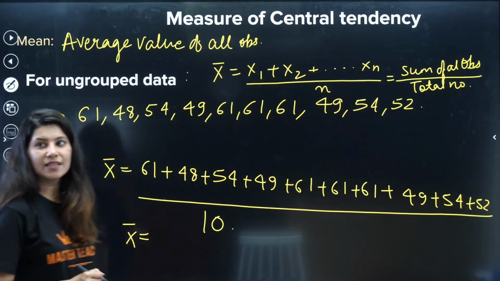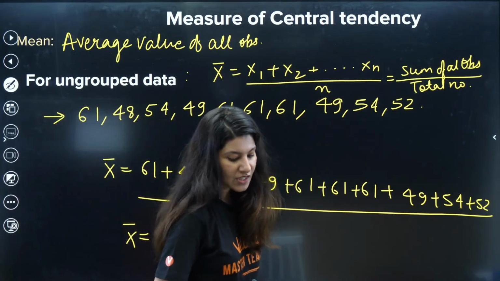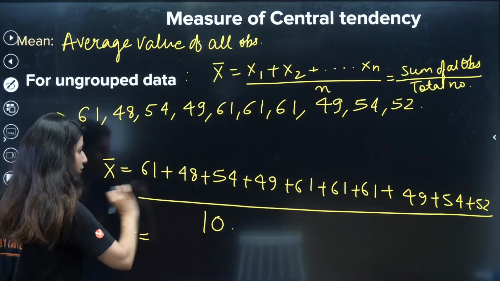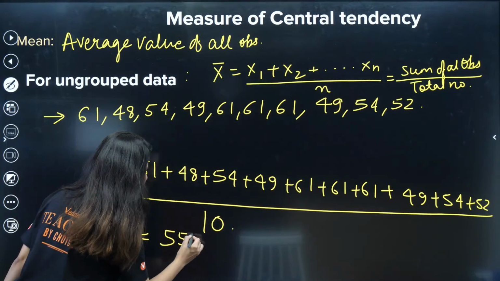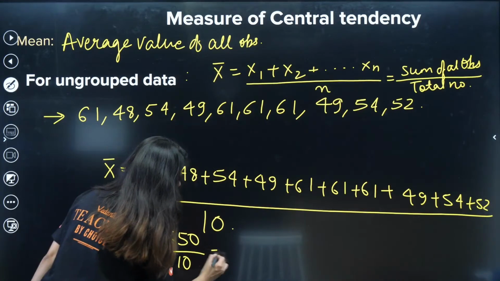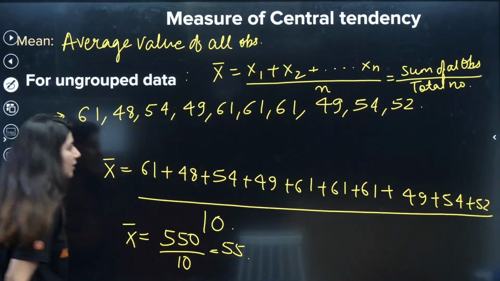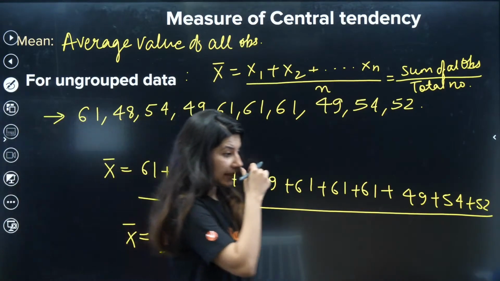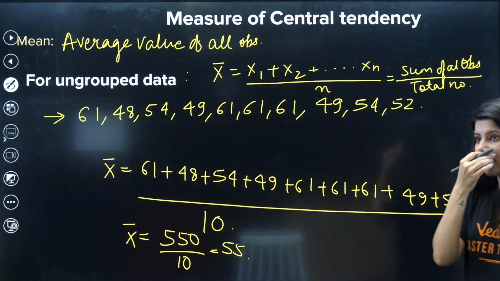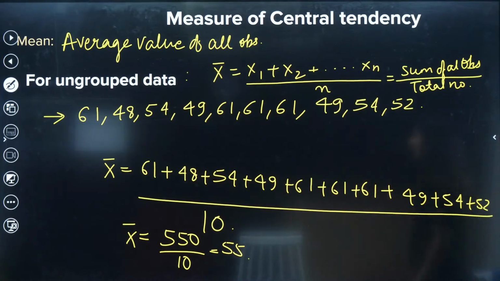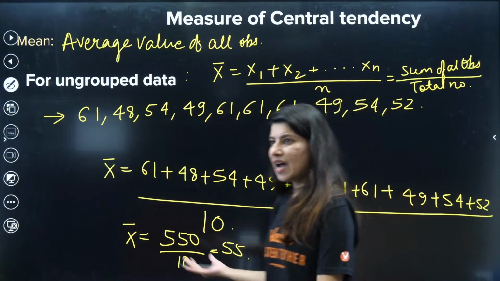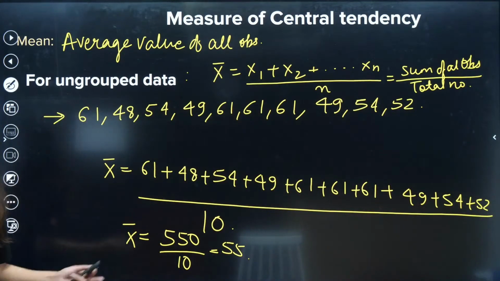Let me know your answer in the chat box. If you add this, you will get 550 upon 10. So 55 will be your mean for ungrouped data, right? I guess this is very basic and I don't need to spend more time on this.